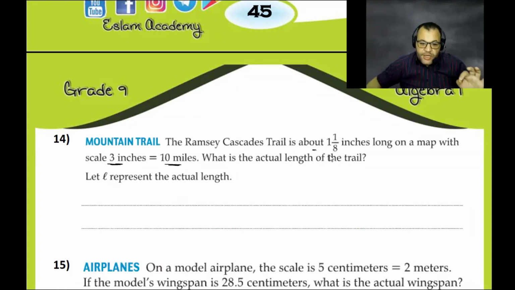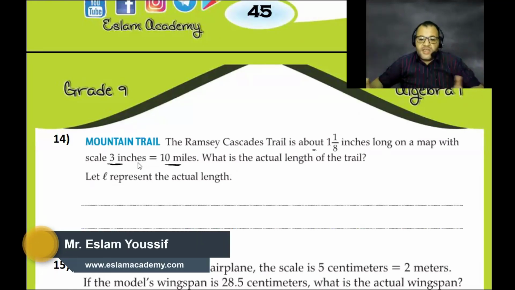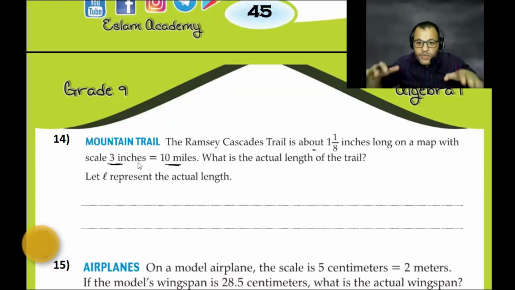Now the length of the trail on the map is about 1 and 1/8 inch. How can we solve this one? We compare now between two different lengths. What is the first length that we have?